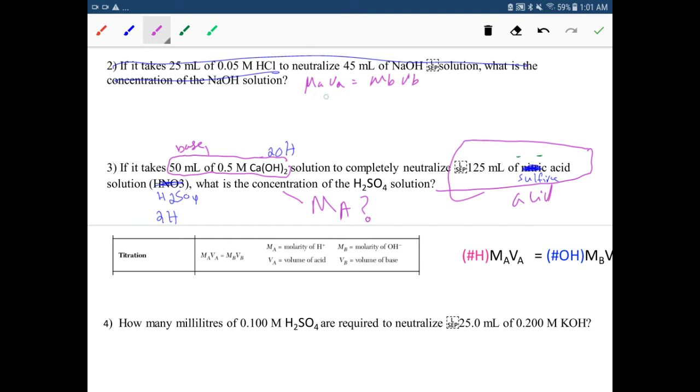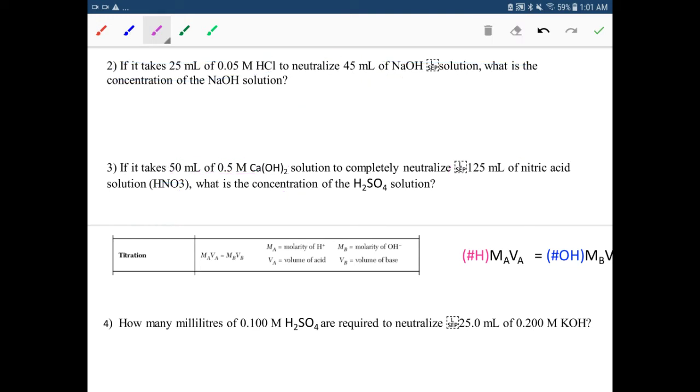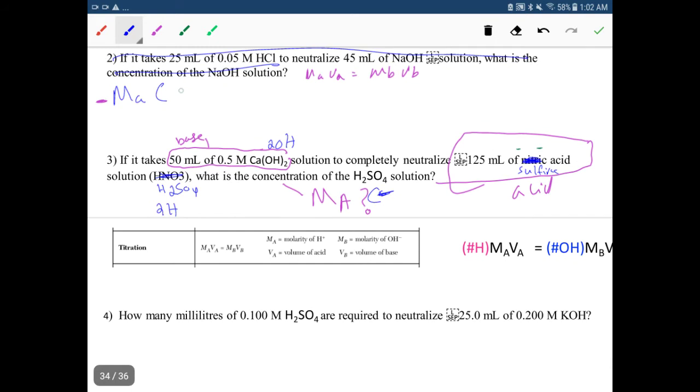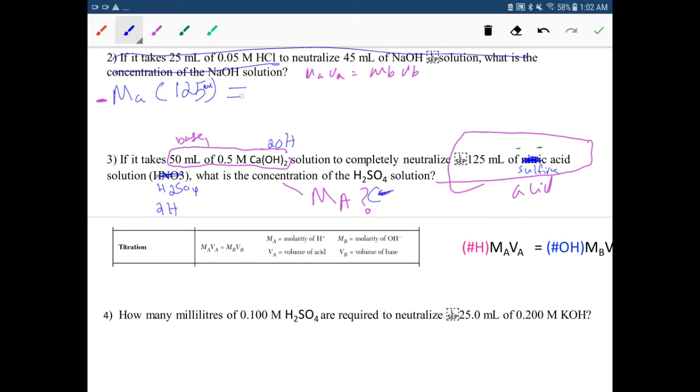MA is unknown. VA is in the acid information, 125. Okay, I got it back. I'm going to start here because I need the space. So MA is unknown, which is the question. This is what we're solving for. And then VA, the one I circled said 125 ml of acid, so the volume of the acid is 125 ml, equals MB.